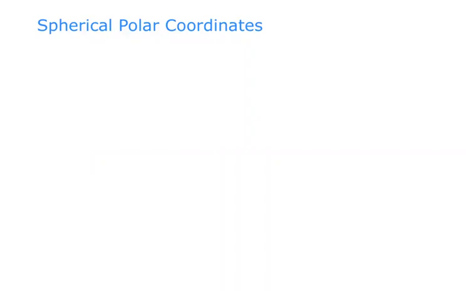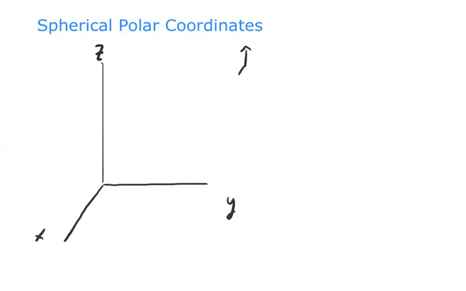So always go back to the beginning. I need to tell my audience what's going on here. So here's my X, Y, and Z axes. Here are my unit vectors, i hat, j hat, k hat.